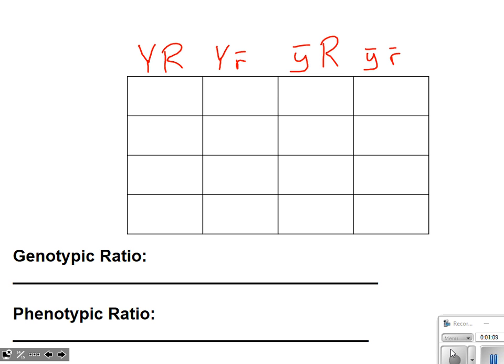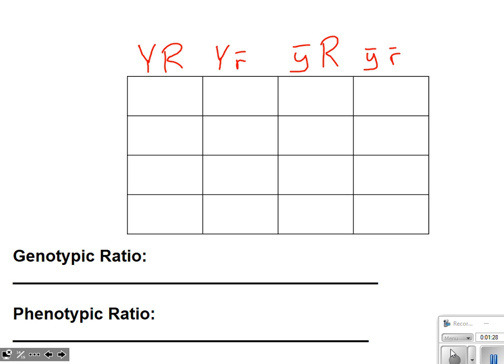Okay, once I set those up as so, like I said, does it matter what order I have those in? If your order is different than mine, is that okay? Yeah, we should still have the same ratio.